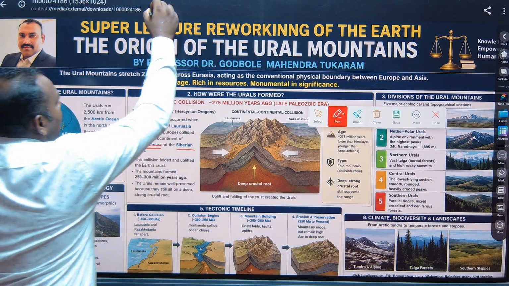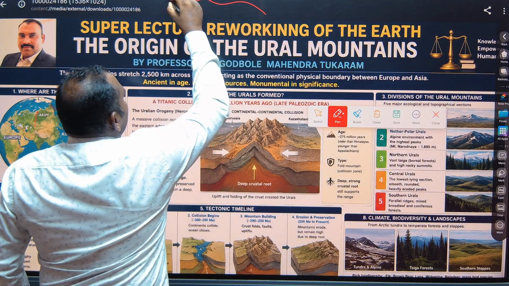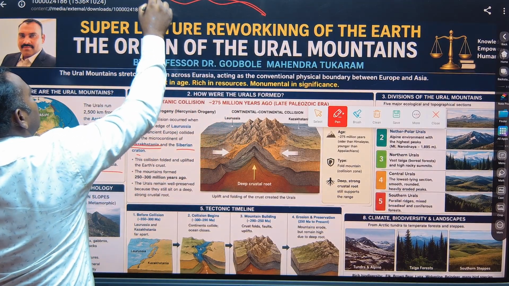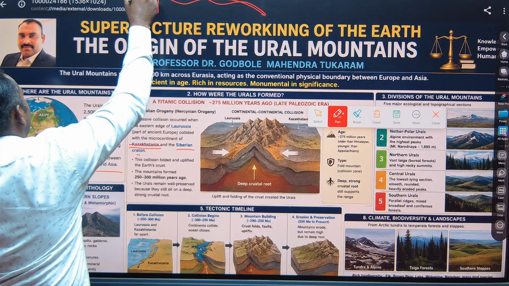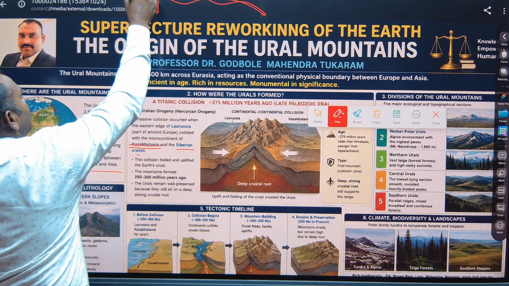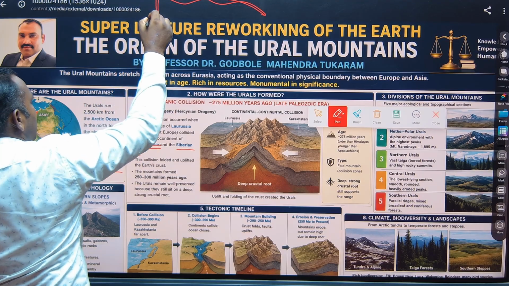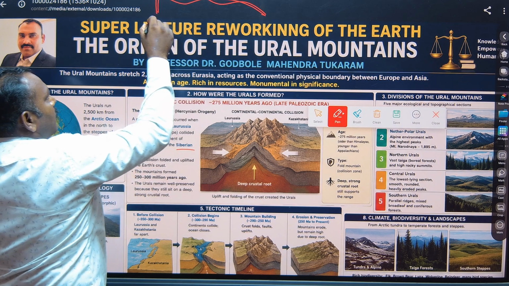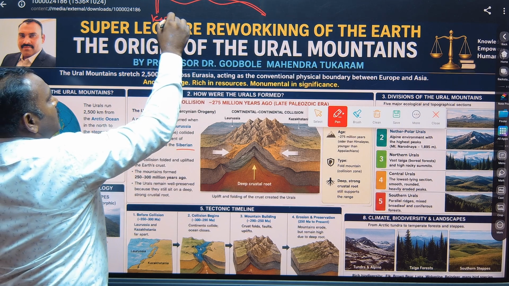The Himalaya is trending east to west, and the Ural mountain is running north and south, right from the Arctic Ocean in the north, and it ends at Kazakhstan or the Siberian Craton.